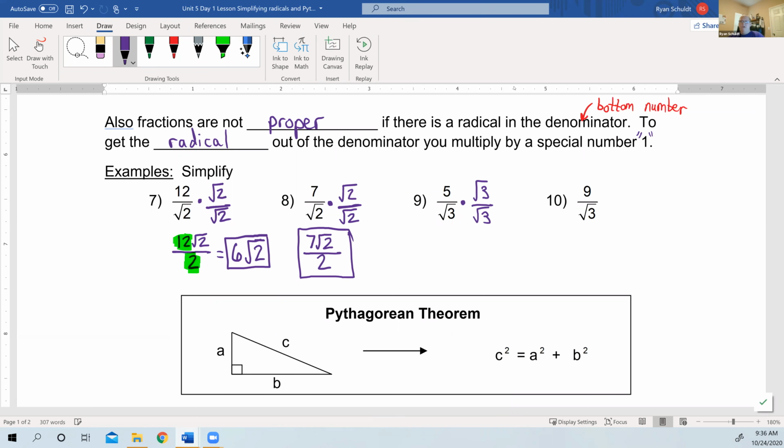Okay, so continuing with the process, we have 5 times the square root of 3 all over 3. I'm free from the radical on the bottom. I can't divide 5 by 3, so I'm done.